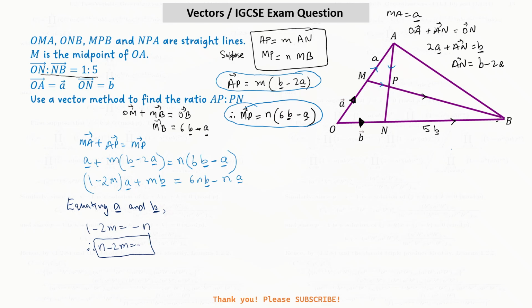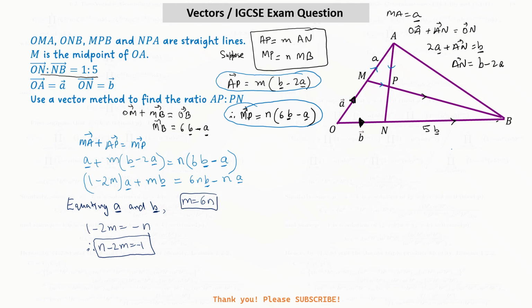Okay, and then the B parts, if I equate, I would get M is equal to 6N.